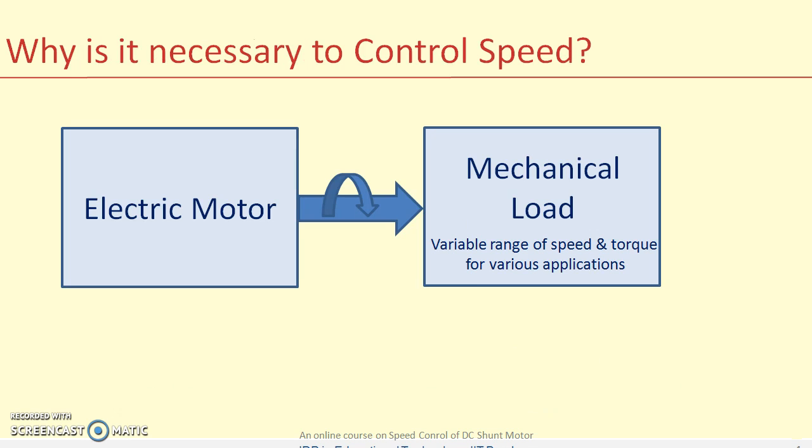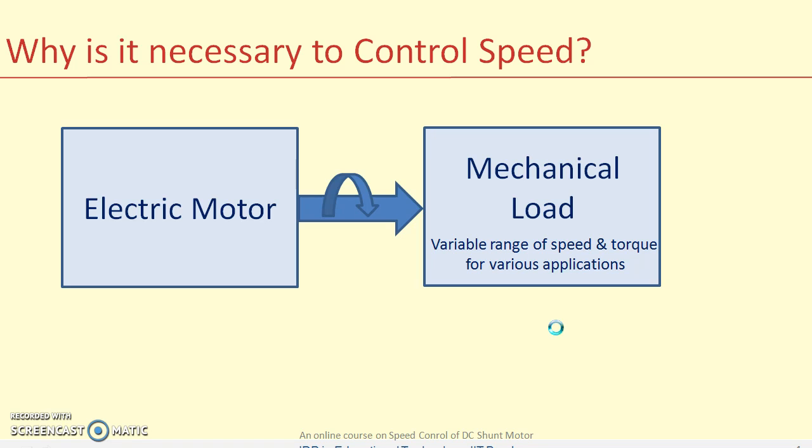Now, why is it necessary to control the speed? As we know already, our electrical motor is coupled to a mechanical load. This mechanical load is variable in nature, and it may be used for different applications.